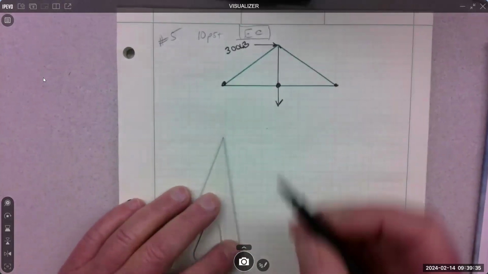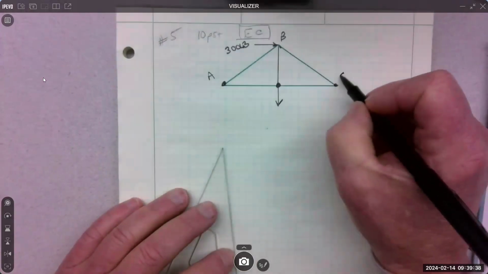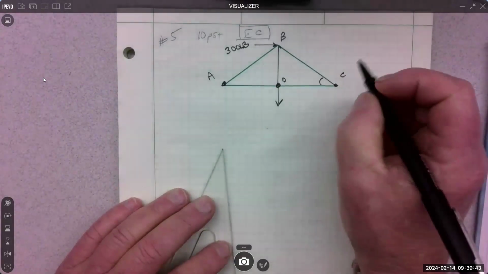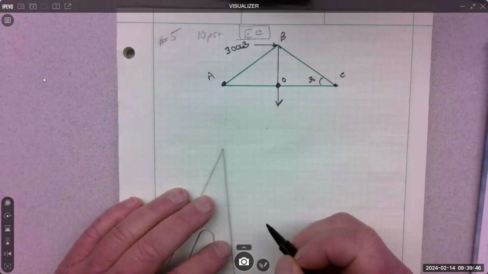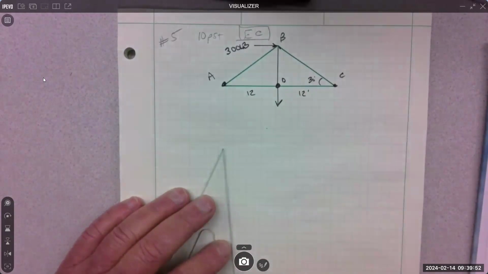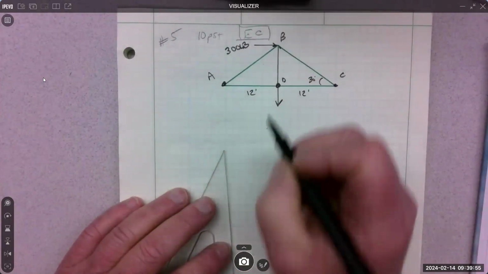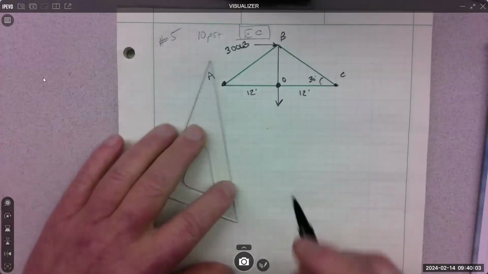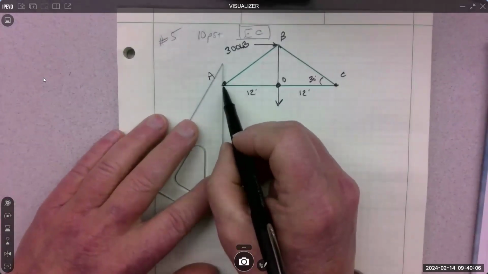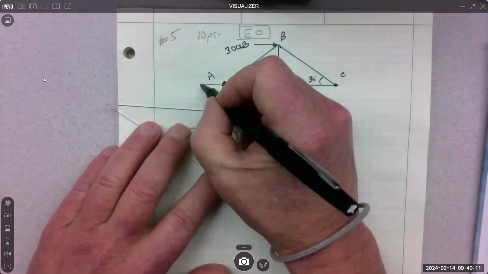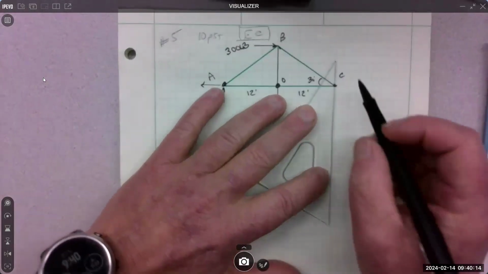It's labeled ABC. CP. 30 degrees. Feet. Has a pin at A. And a roller at C.